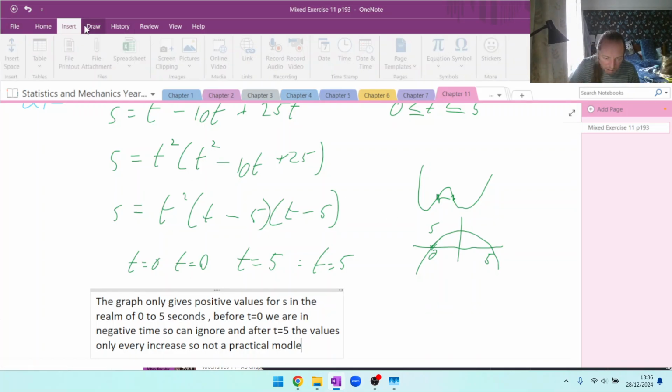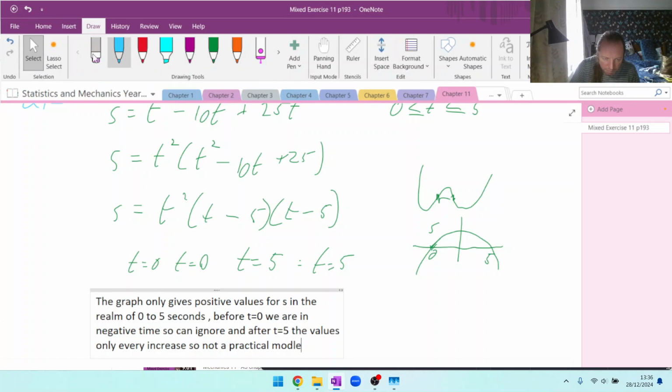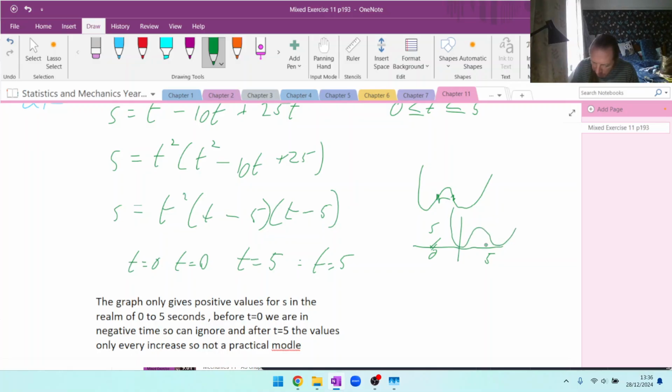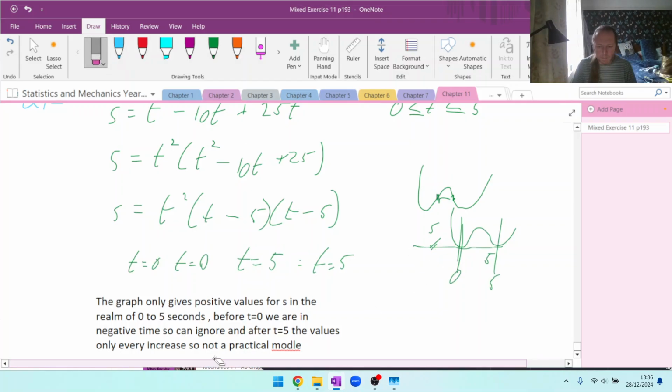So basically the whole thing is looking like that, and it's only valid between there and there, the 0 and 5. Right then, model.